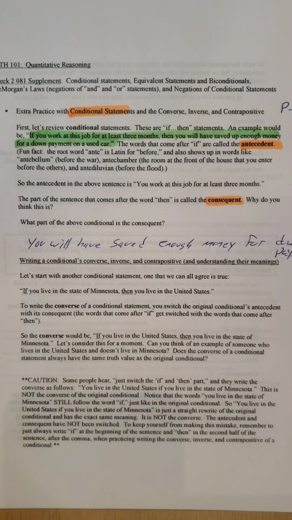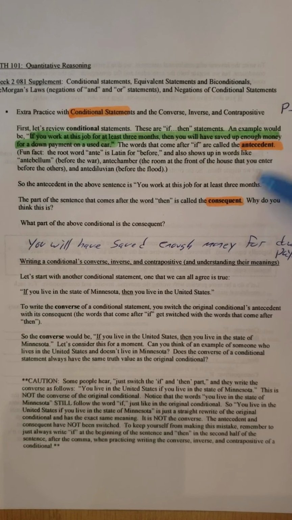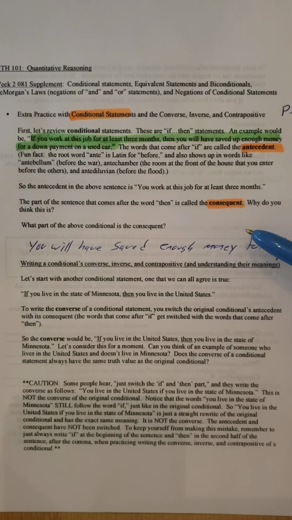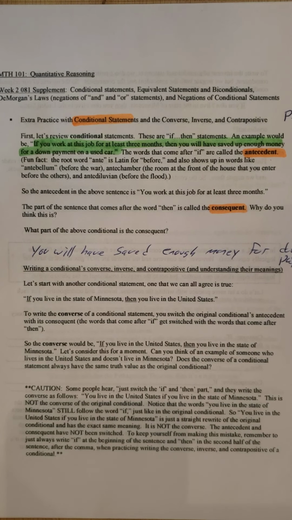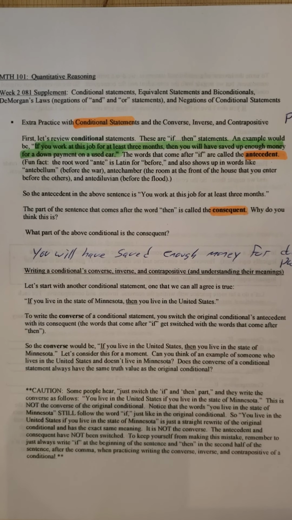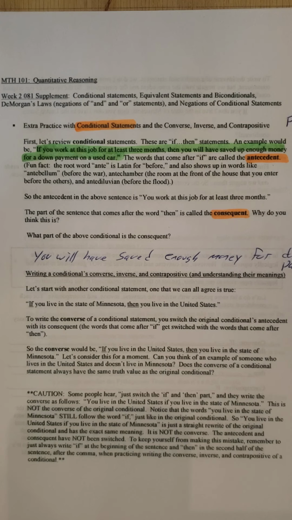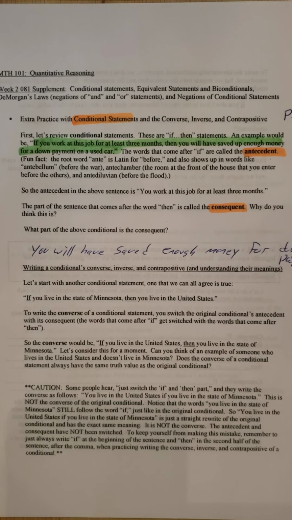Okay, that's what we're going to refer to as the consequent. I don't know that that's going to necessarily show up on a test, but we're going to talk a lot about the antecedent and the consequent, so we need to understand what those words are. Okay, all right, then we're going to come down here and let's look at a little bit more of this.